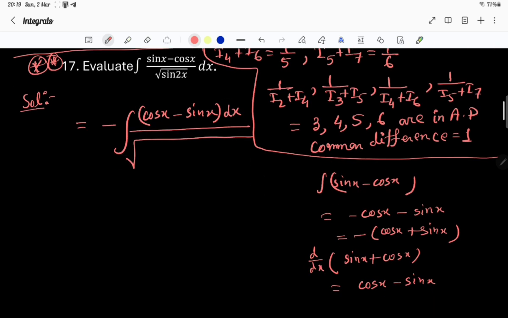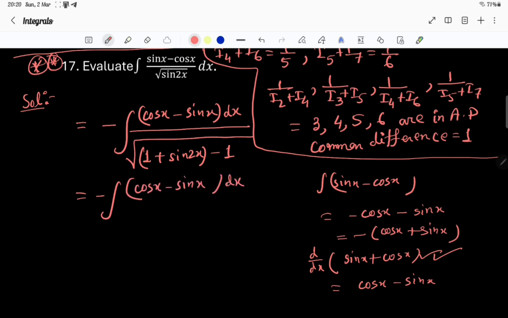Now I am trying to make sin x plus cos x in the denominator. Since here it is sin 2x, you can make it the perfect square of sin x plus cos x. How? Can I add 1 and subtract 1 in the denominator? Now see, instead of 1 can I write sin square x plus cos square x?